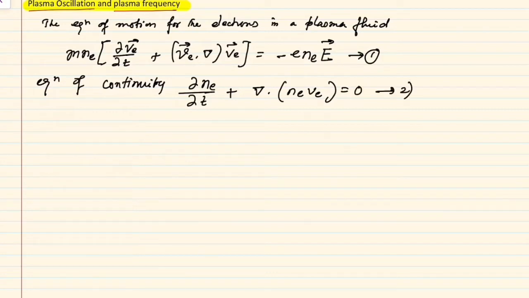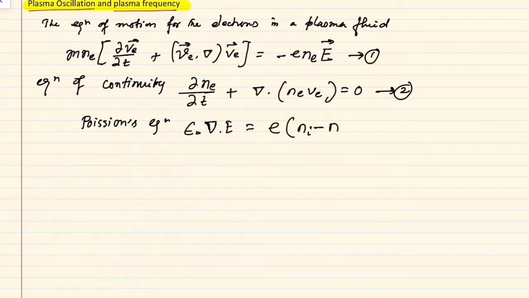This is equation number 2, suppose, and the Poisson's equation, that is epsilon naught del dot E, that is divergence of E, is equal to, sorry not minus, e into (Ni minus Ne), and this gives the charge density of the plasma. Okay, now let me give it equation number 3.